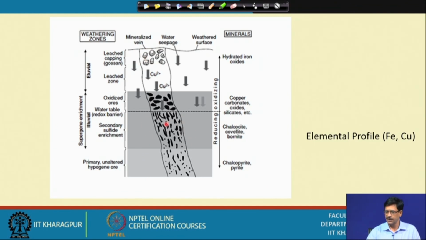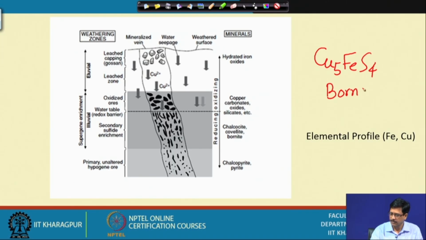Sometimes it also contains some amount of bornite, which is also a mineral of copper and iron, which also forms in the ore body.